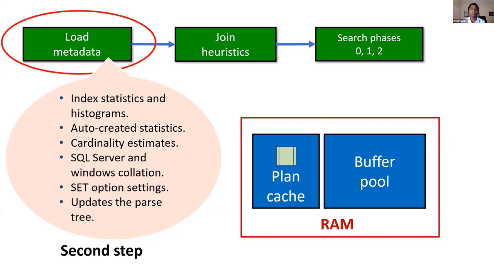Cardinality means the total number of records that are being processed at each step inside the query plan. At this phase, the SQL Server collation and Windows collation are gathered, and set options are also checked. Like if you set an option like XML on or XML off, depending upon on or off, the execution plan will change. With all this information, the load metadata component will go ahead and update the execution plan in the plan cache.